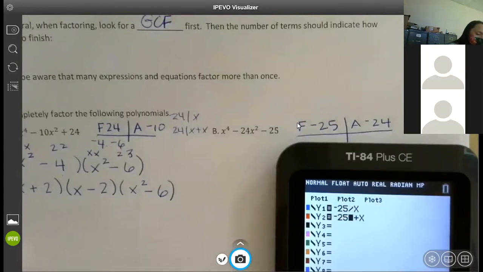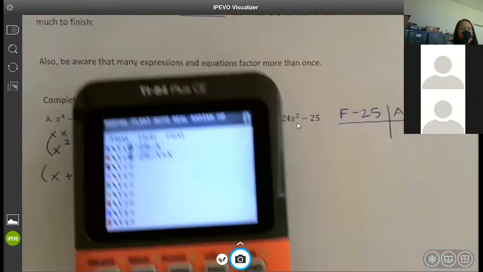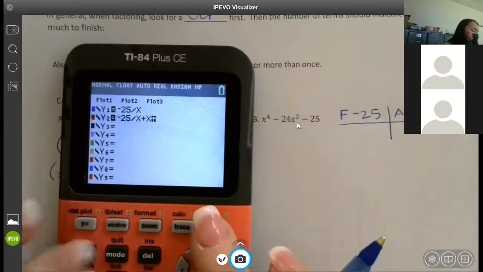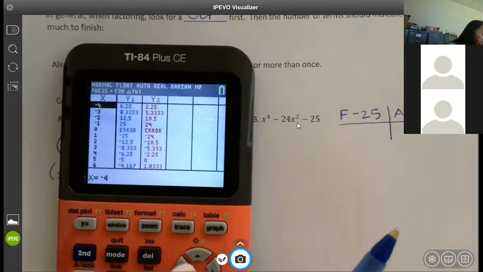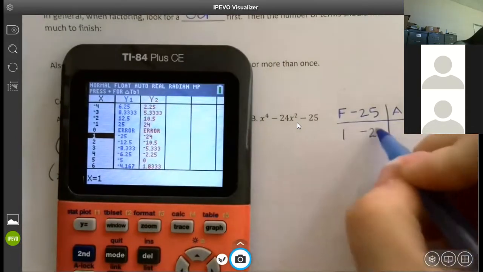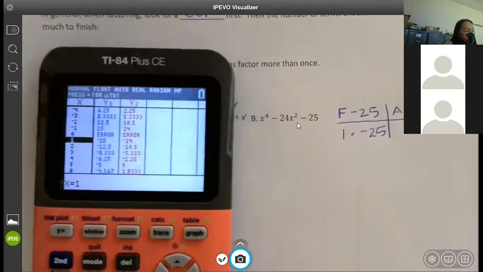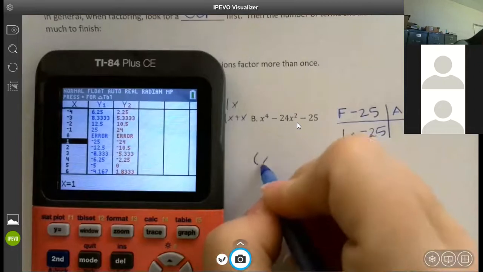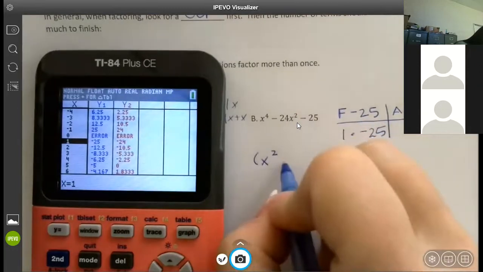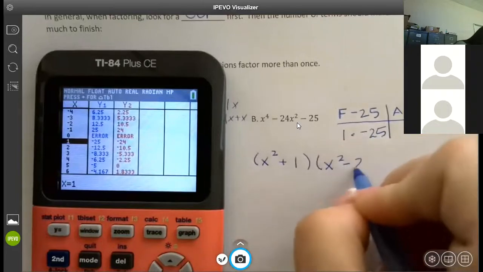Make sure that you put the negative. It's going to look like this. We're going to look at our table for negative 24. So our factors are 1 and negative 25. Split your x's up. X squared and a positive 1. X squared and a minus 25.